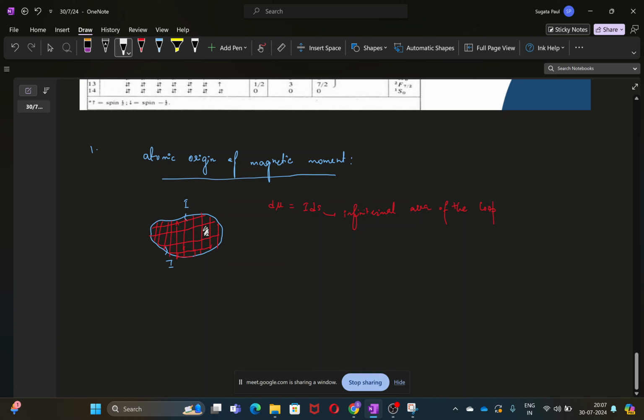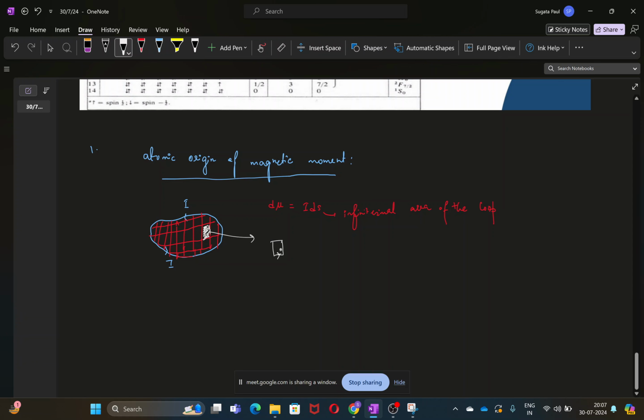So a single block is a single infinitesimal area element inside the loop, which I am blocking with white color here. This is kind of like an infinitesimal loop, or an elemental version of the loop.